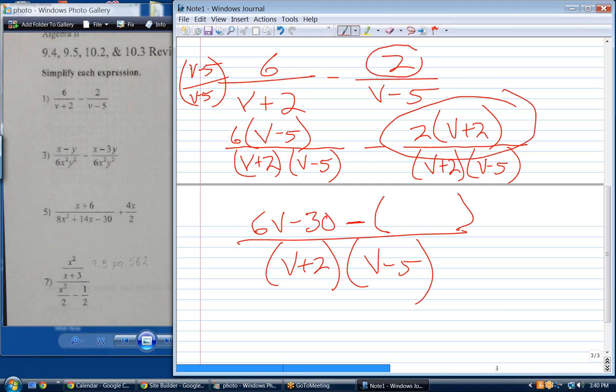Notice there were no parentheses around that 2. The only mistake you can make on these problems is to not put parentheses around it. So what goes in the parentheses? 2v plus 4. Exactly. Now let's simplify the new numerator.